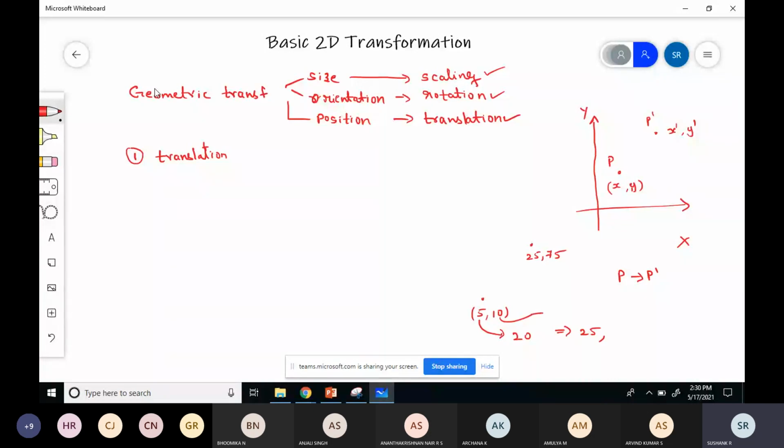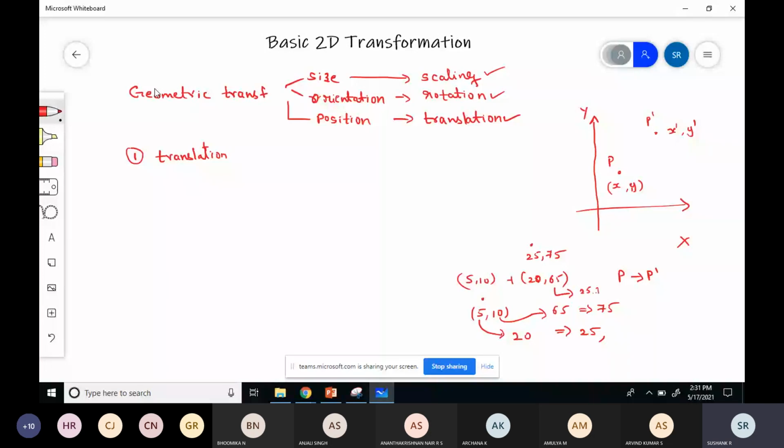For this 10, if I add 65, I'll get 75. So translation means, for a single coordinate point, you are adding the offset value. In our example, for this 5 and 10, I'm adding the offset value 20 comma 65 to get the new position, 25 comma 75.